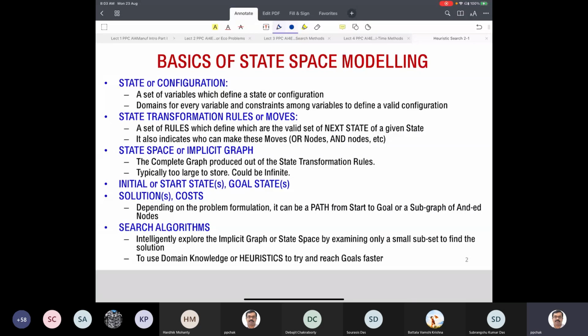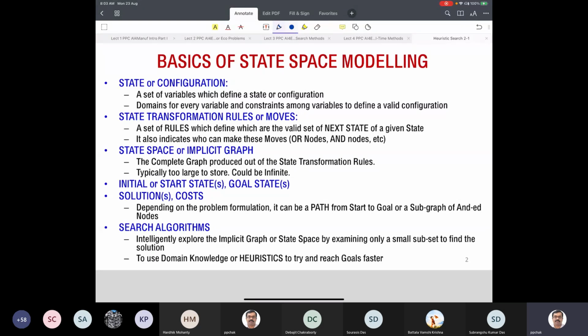Typically, this graph is very large and cannot be stored. It could be infinite in some directions. However, the state transformation rules are finite. That means the number of rules is finite, and for every rule, the number of children generated is finite.